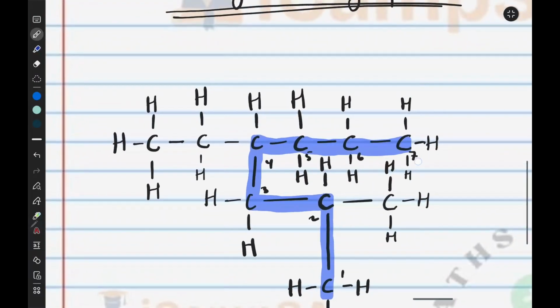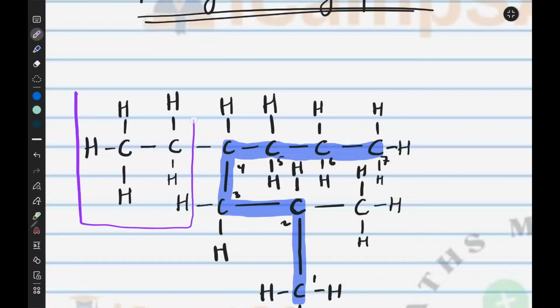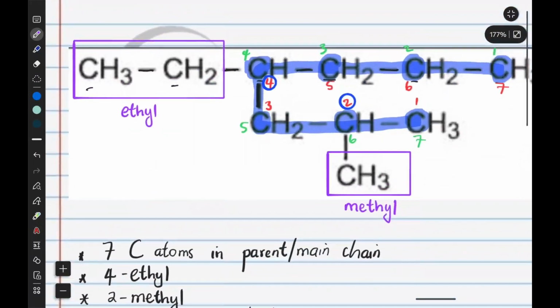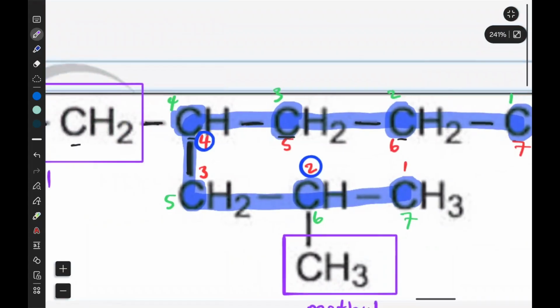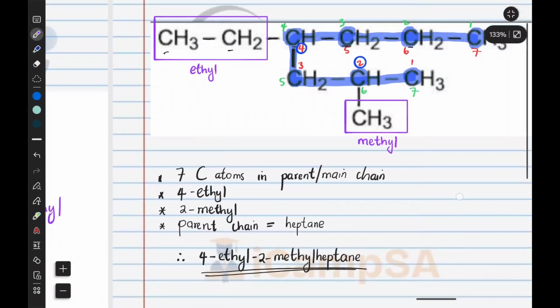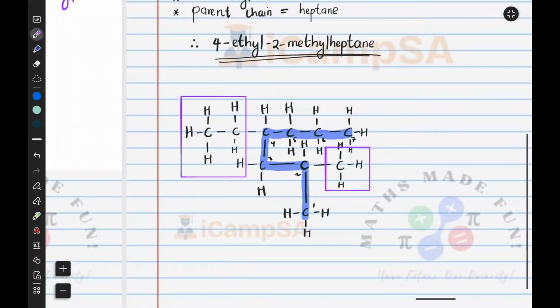And then 4, because if you check, we will get this guy being our alkyl group, and that guy being our other alkyl group. So if you check, the positions are the same as when we were using a different chain, which is this one here. So you'd get the same answer.